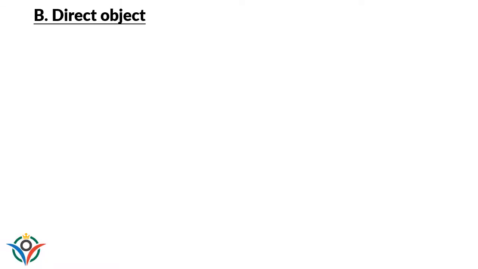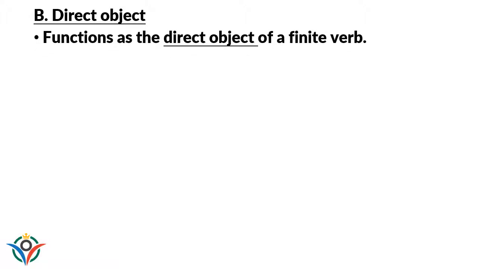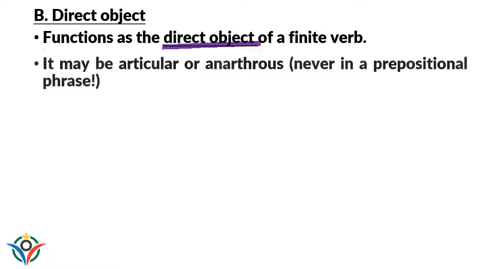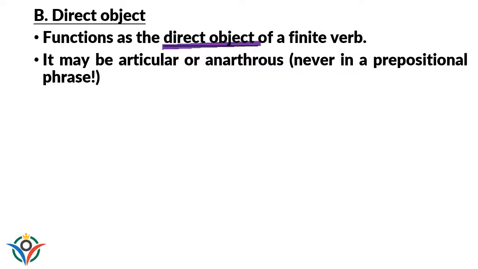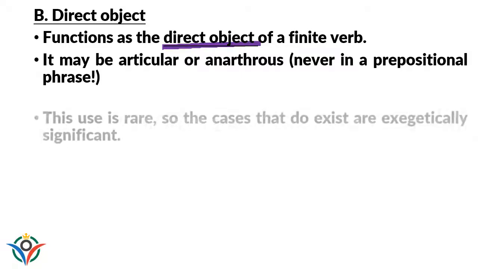The second substantive use of the infinitive is a direct object. And this is where the infinitive functions as the direct object of a finite verb. It may be articular with an accompanying article, or anarthrous without the article, but never in a prepositional phrase.